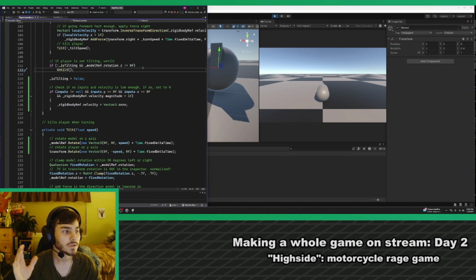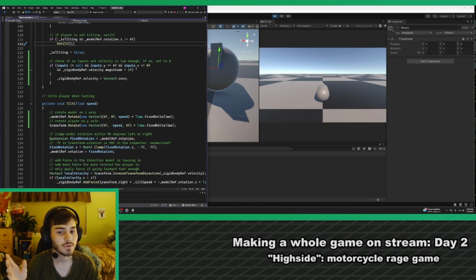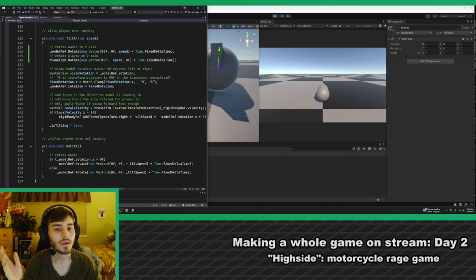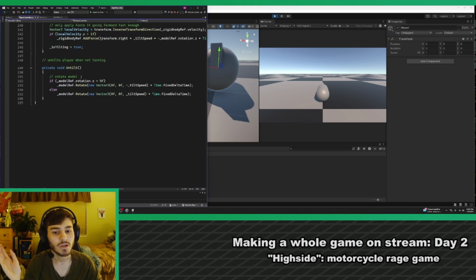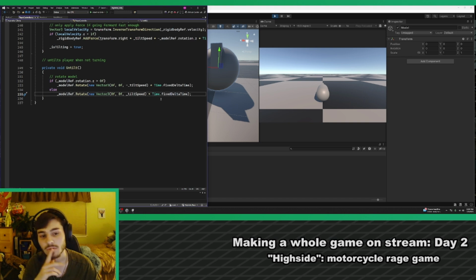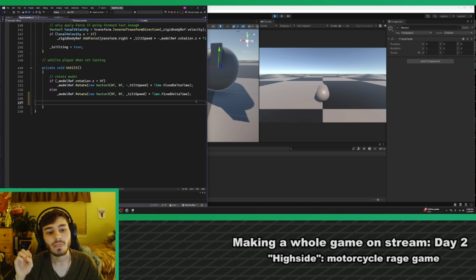Okay. So as long as this doesn't equal 0, we're gonna untilt. And when we untilt, if we're rotating it, okay. It's less than 0.1, 0.01.